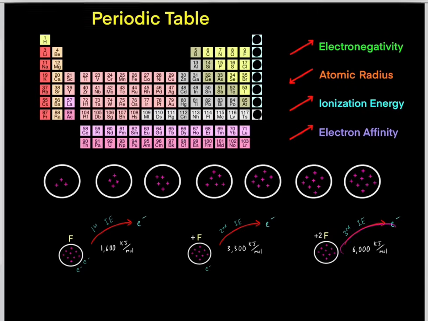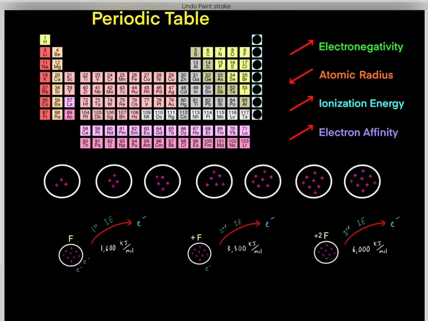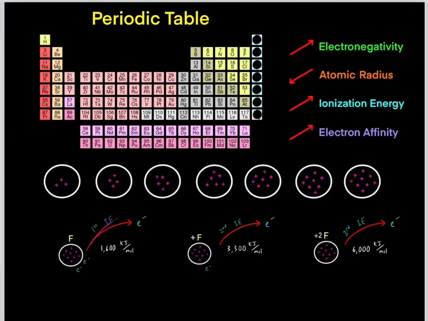So we see the more electrons we rip off, the more energy is required. Ripping off the first electron is referred to as the first ionization energy. To rip off the second electron is the second ionization energy. And to rip off the third electron is the third ionization energy. But we see as we rip off electrons, more energy is required to rip off the subsequent electron.